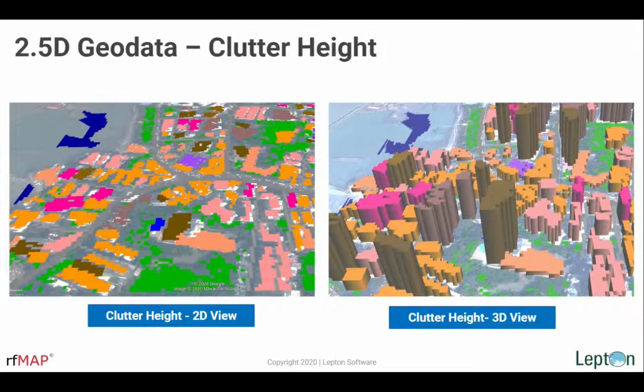On my right-hand side, the image you are seeing is the 3D view after the assignment of height information. So that's the comparison between the 2D view and the 3D view. Both are the same dataset, just the 3D angle and 2D angle of the same dataset.